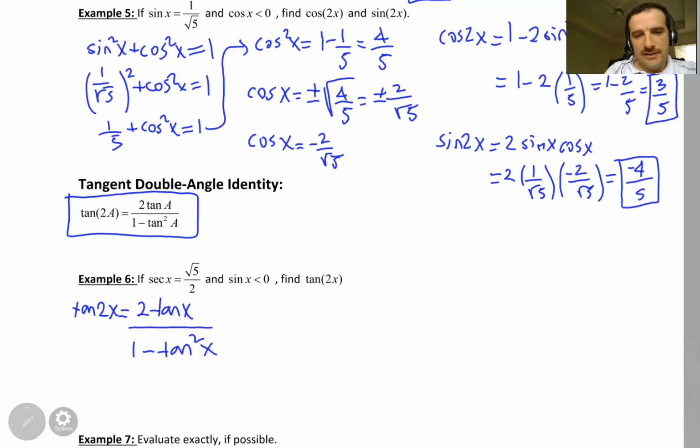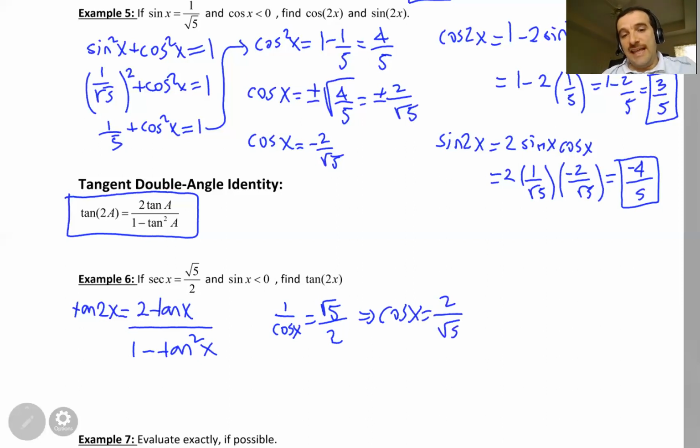So what I know about x is secant is root 5 over 2, right? And secant is 1 over cosine. So from there I get 1 over cosine x is equal to root 5 over 2. So if you flip everything, we get cosine x is equal to 2 over root 5.